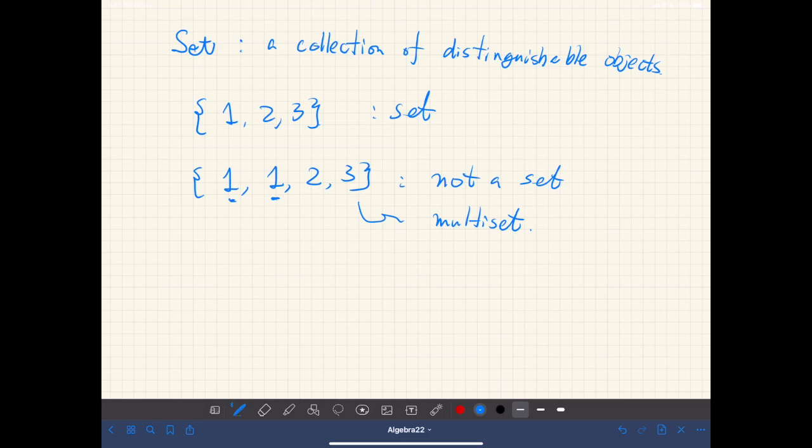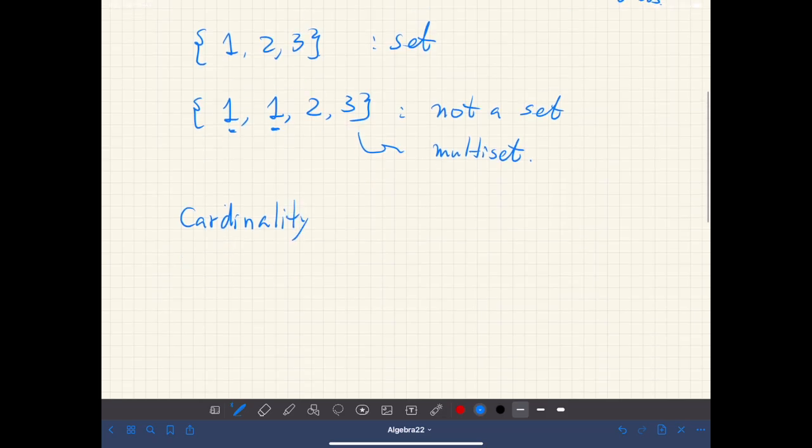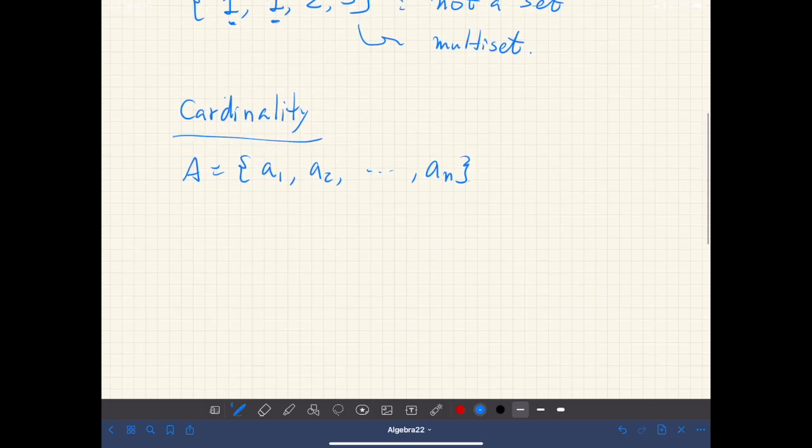Next, the cardinality. We define this term cardinality, which means basically the number of elements in a set. Suppose we have a set A, which consists of n elements, A1, A2, ..., An. Then the cardinality of this set is denoted by this.